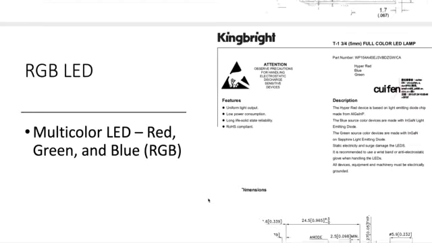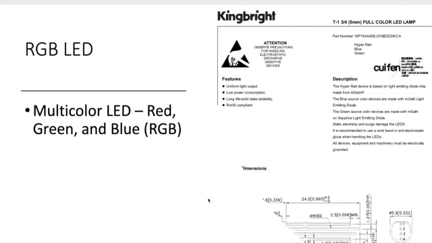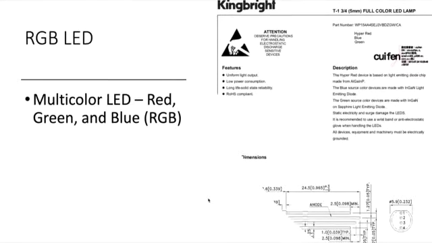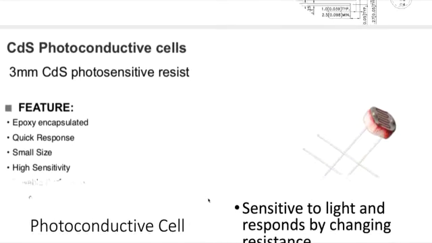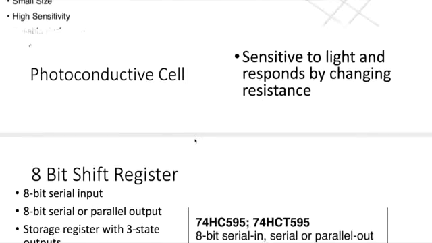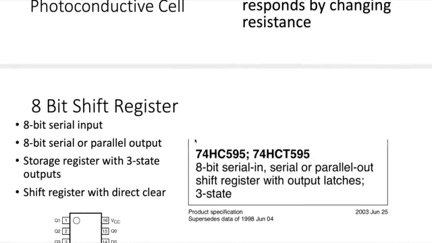Here is the spec sheet on the RGB LED, and I was just capturing a little bit of information here. You'll see more details. This is a photoconductive photoresistor, and I have a different video that will talk more about that.